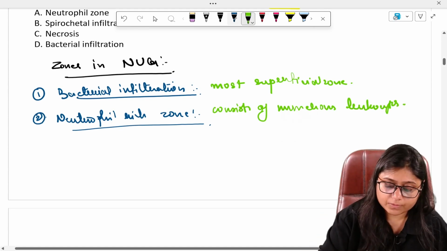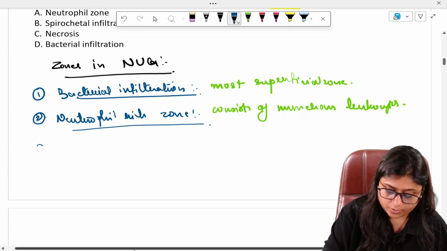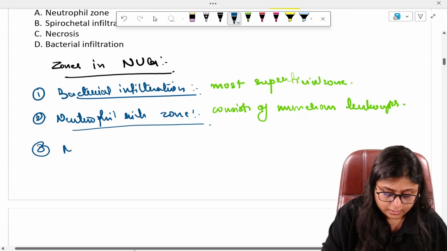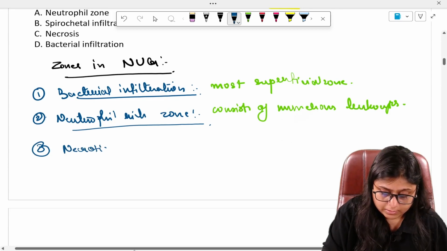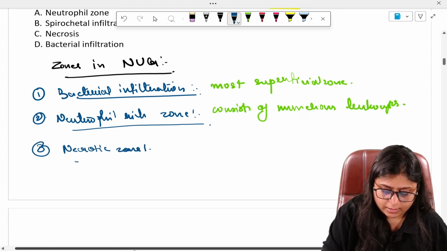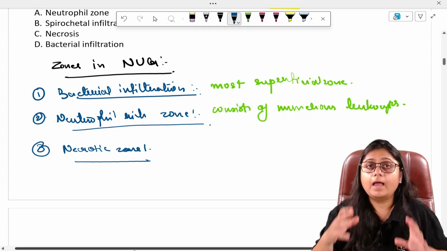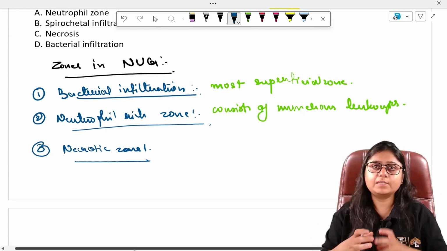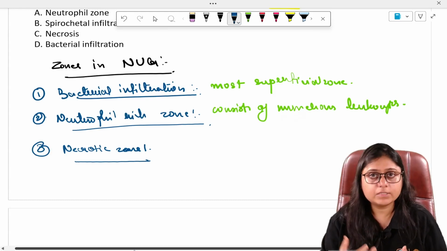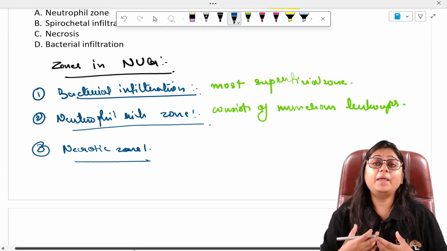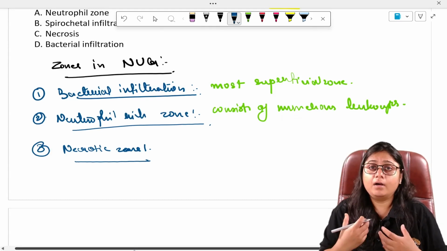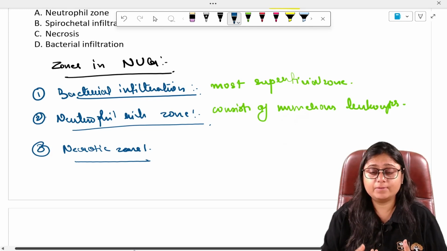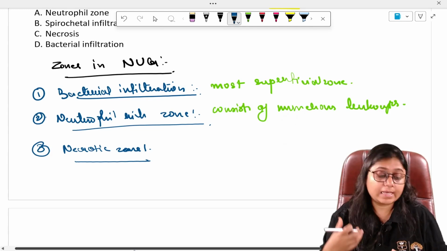Now, the third zone is the necrotic zone. When bacteria come and the neutrophils come, there is phagocytosis of the bacteria. So here, what will happen? There will be many dead bacteria, and degenerated epithelial cells will be present. That zone is called the necrotic zone.